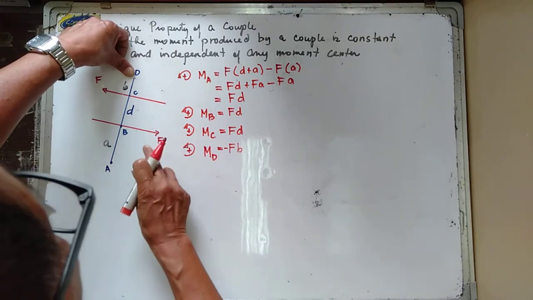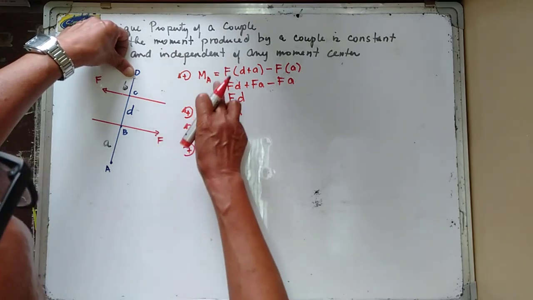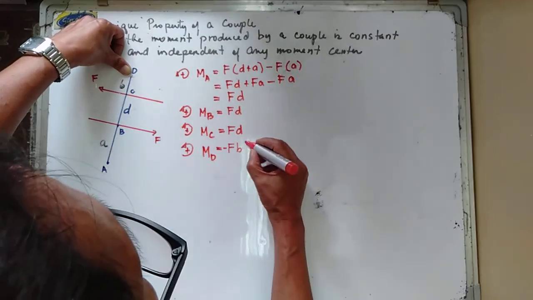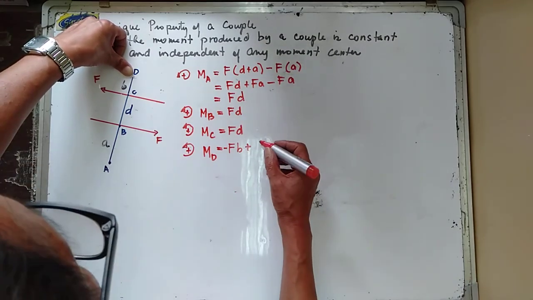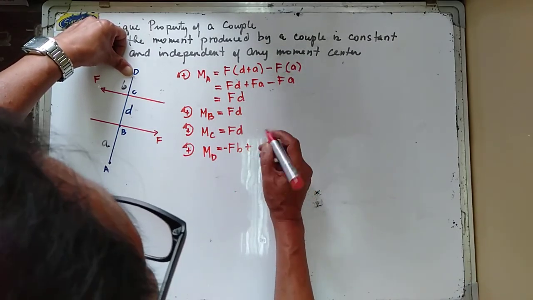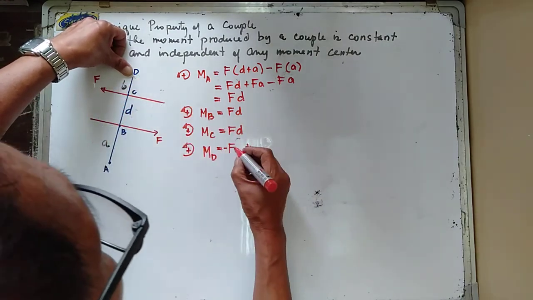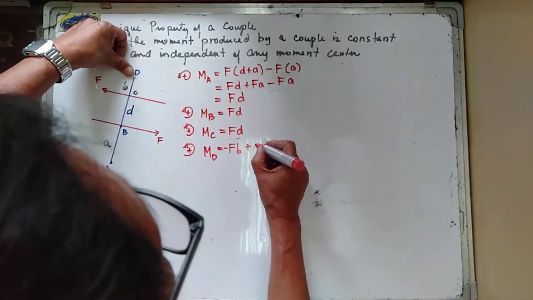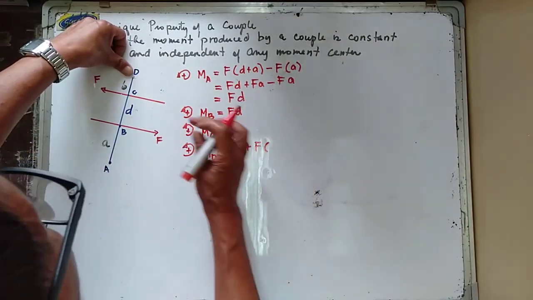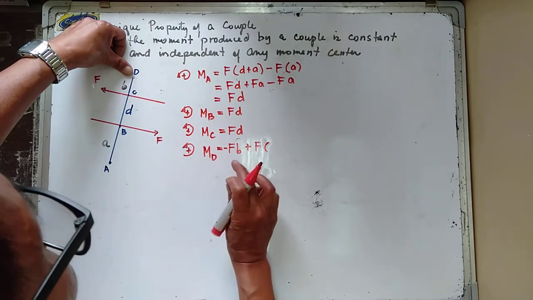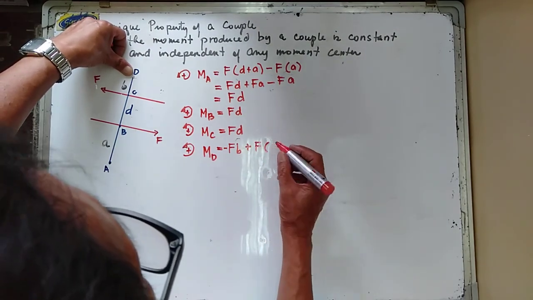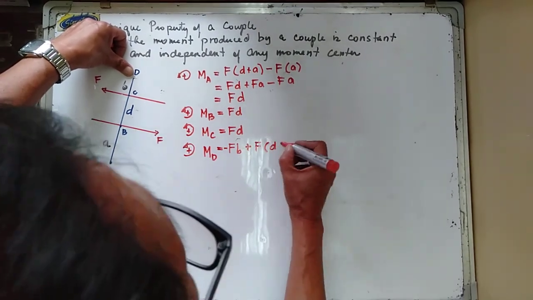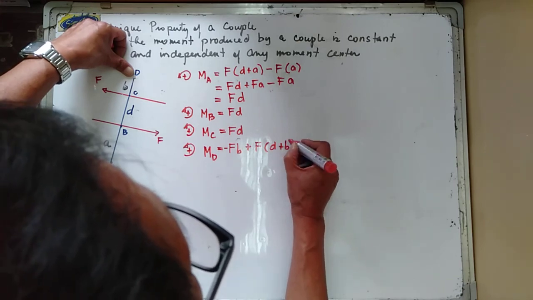And then we have the second force going counterclockwise, that is positive, and this is equal to F multiplied by D plus B.